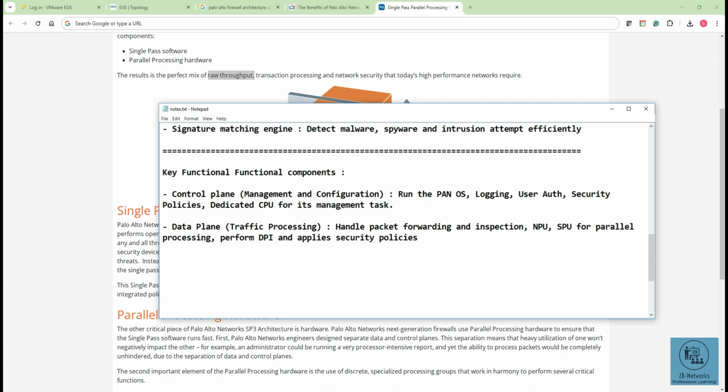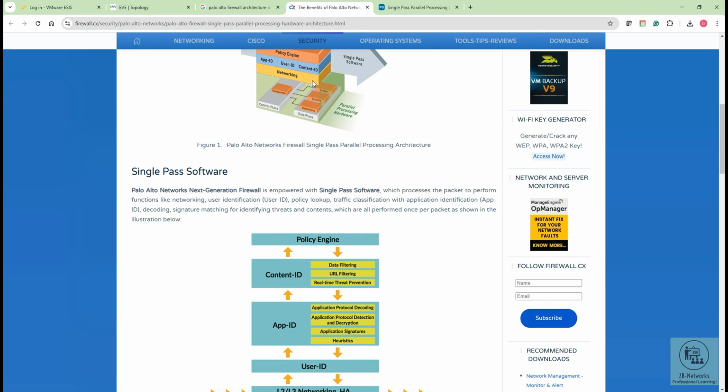And there are different types of processors, as I've told you. One is the security processing unit, the network processing unit, and there are also signature matching processors, right? That is available over here. And you can see there is one diagram which I find quite interesting, is this.